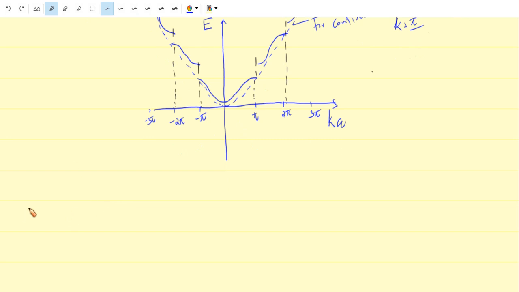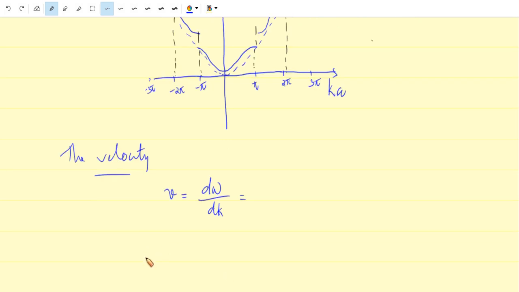Next is the velocity of the electron. We know the velocity of the electron v is equal to the group velocity, d omega by dk. So for electron waves of energy E and angular frequency omega, omega is equal to E divided by h cross.